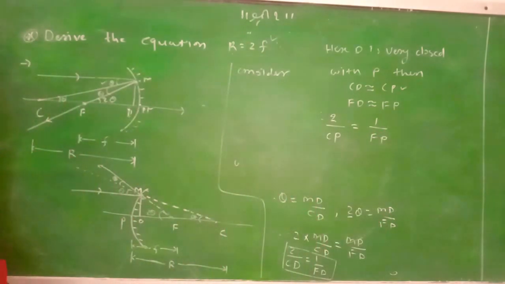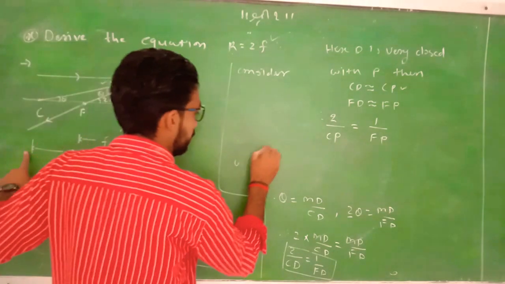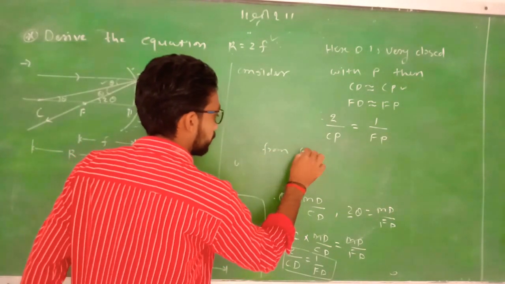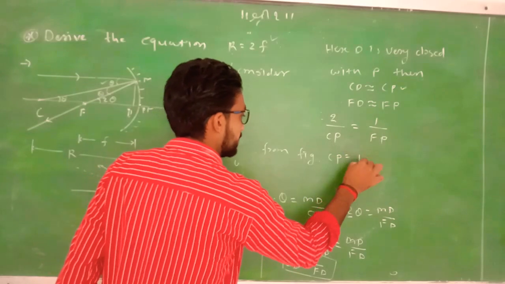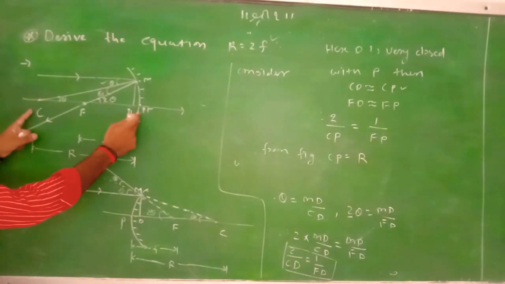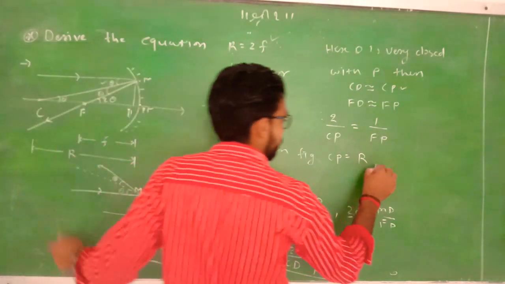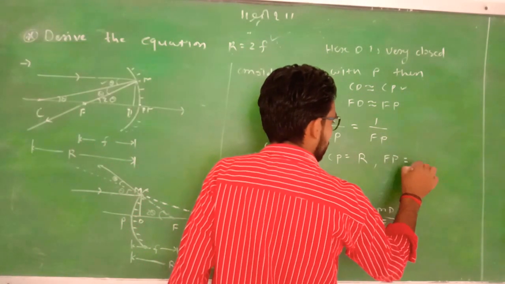Now from the figure you can see CP is your R: capital R, the radius of curvature, and FP is the small f, the focal length.